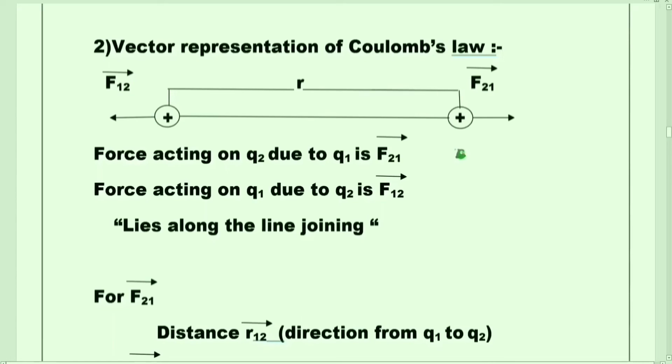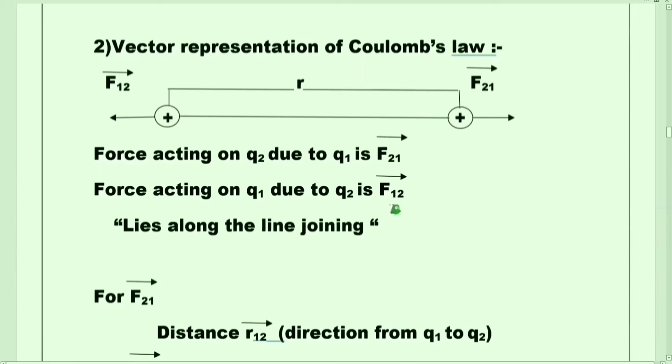Now, the force acting on charge Q2 due to charge Q1 is represented as F21 vector, that is on charge 2 by charge 1. Then the force acting on charge Q1 due to Q2 is F12 vector, that is on charge 1 by charge 2.